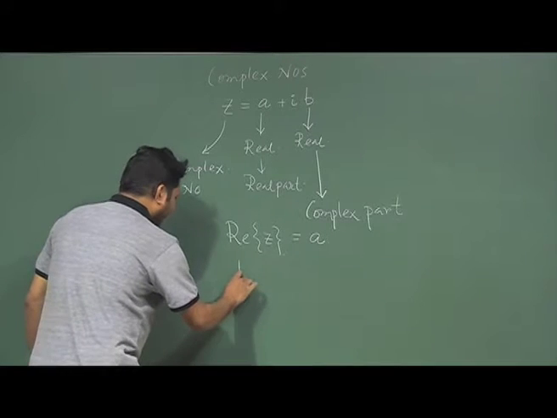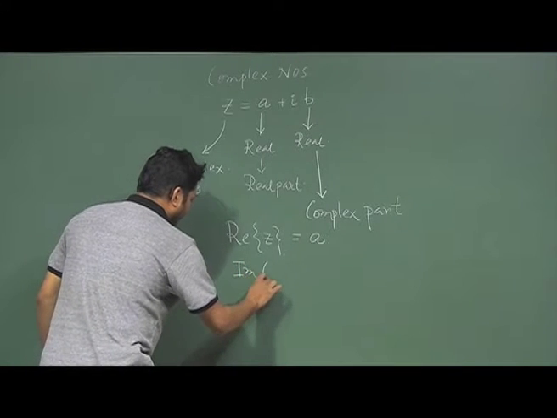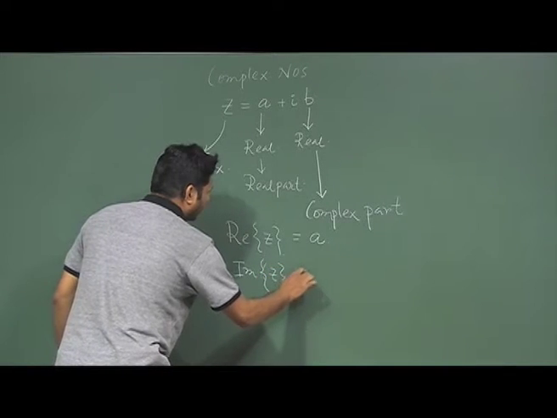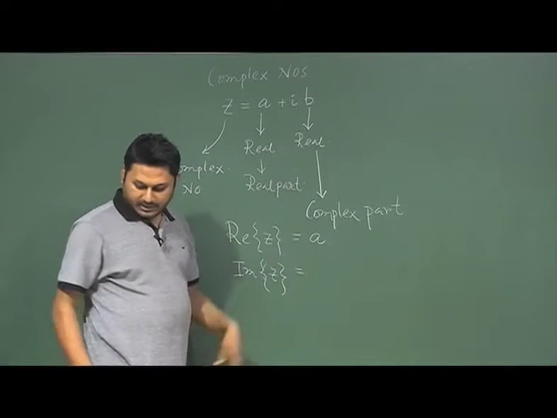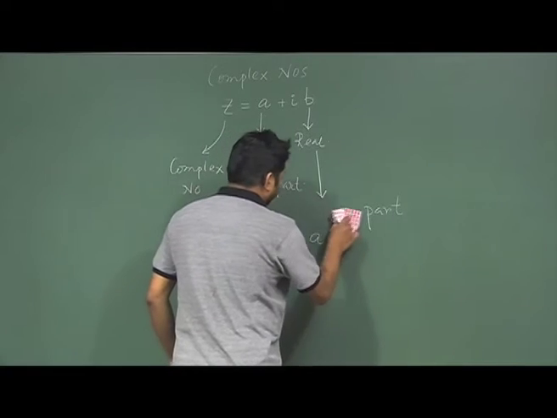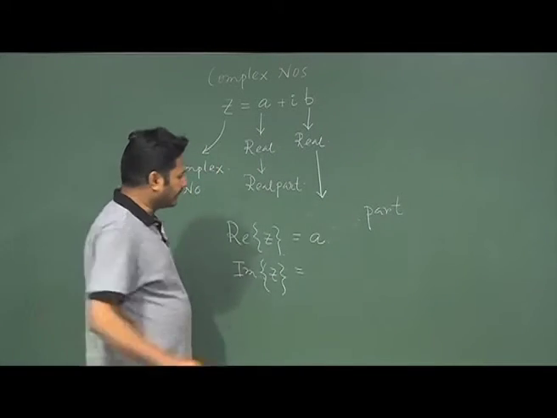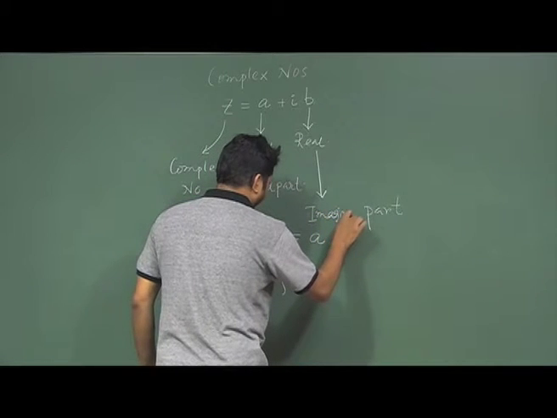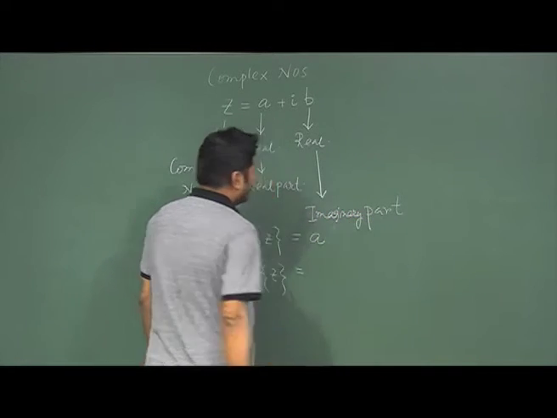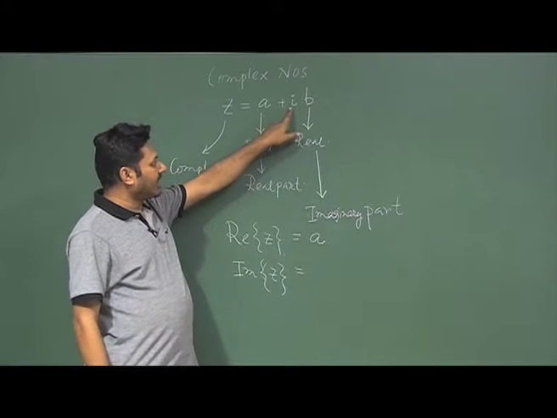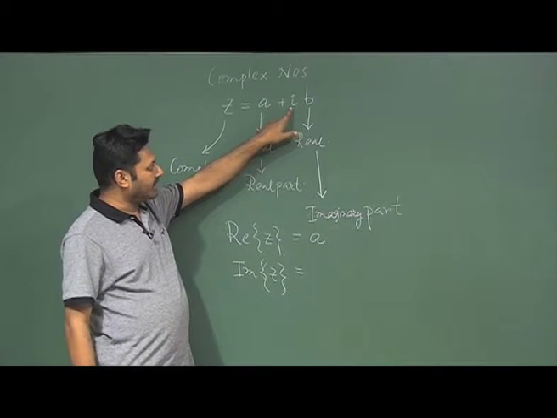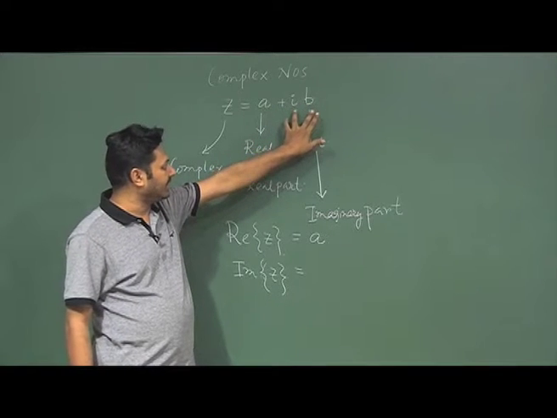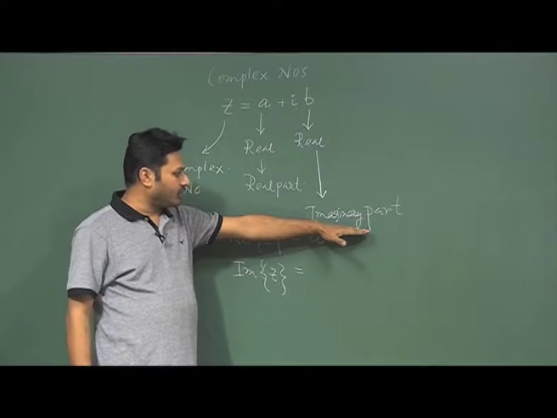In a similar way, if I write the imaginary part of z, it is better to write imaginary part rather than complex part, because this part is not associated with any real part, it is multiplied by i, so it is entirely imaginary.